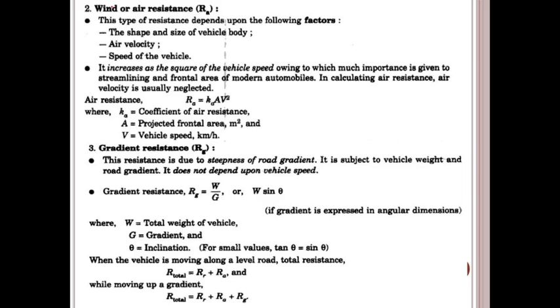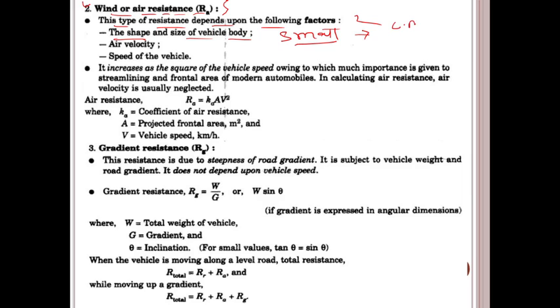Wind or air resistance. This is the second resistance to the motion of the vehicle. What are the factors it depends upon? The shape and size of the vehicle body: whether it is small, a two-wheeler or four-wheeler, heavy weight or low weight.